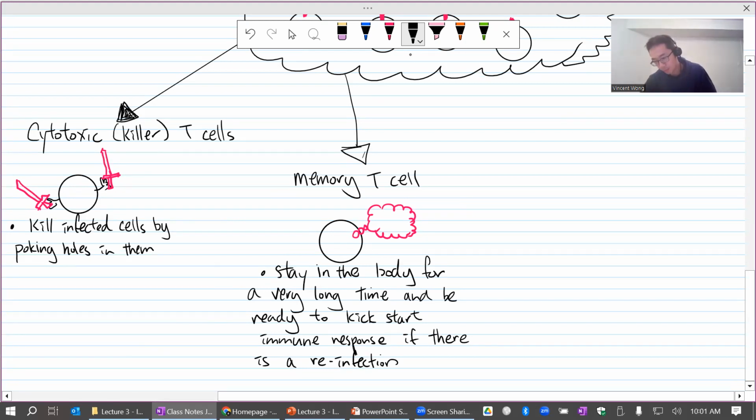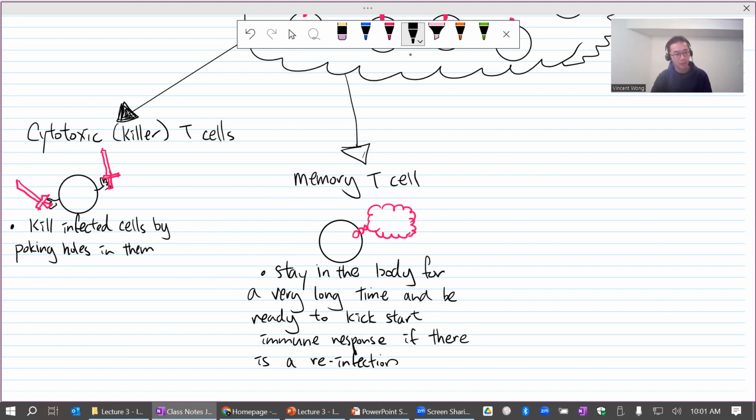Again, I love the chickenpox example because it's the easiest one to visualize. If you had chickenpox before and you fought them off, you're going to have a memory T cell somewhere in your body. If your kids have chickenpox and then the virus gets into your body, no problem. You're not even going to have any symptoms because your memory cells will be like, oh, I remember that thing. We fought it off before.